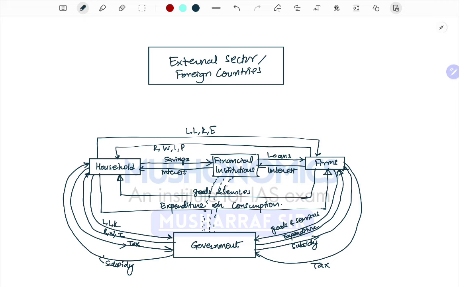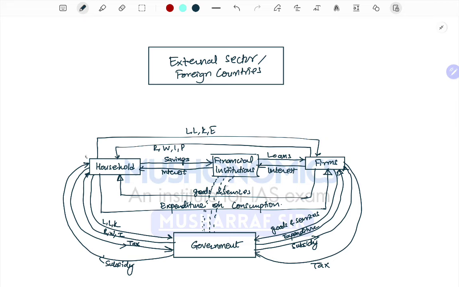Now what we want to take care of here is that these households will be having a relation with the external sector, right? How? For example, someone from the family went outside, maybe to some other country, US or Canada, and he's earning there, and he will be sending some of his money or savings back home, right?